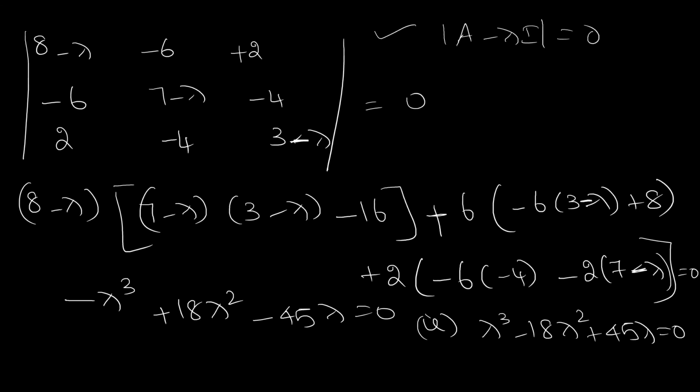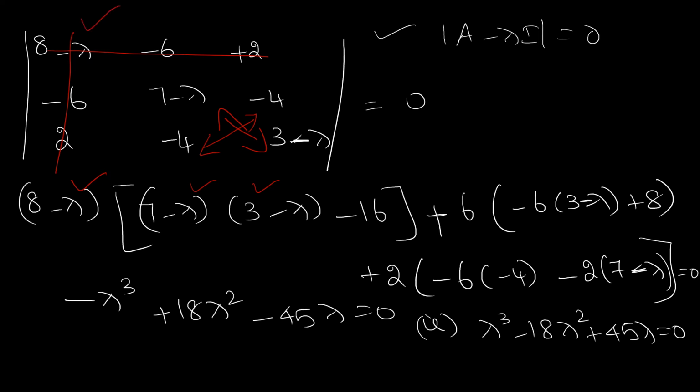So how to find the first determinant? First we write 8 minus lambda, so leave this row and this column, and multiply these two: 7 minus lambda into 3 minus lambda, I have written. And then put a negative sign and multiply these two: minus 4 into minus 4 is plus 16. Already we have a negative sign in the formula.